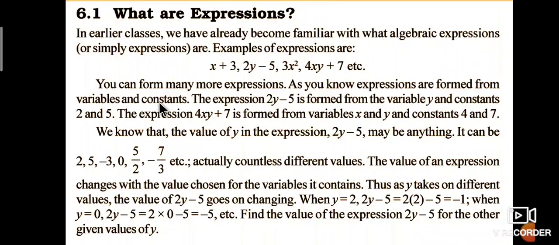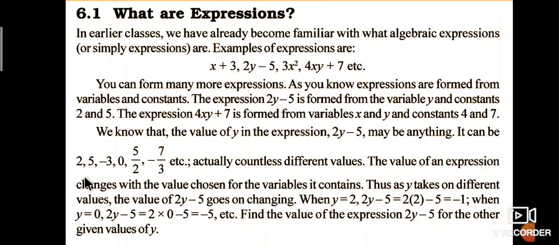The expression 2y minus 5 is formed by the variable y and the constants 2 and 5. The expression 4xy plus 7 is formed from variables x and y and constants 4 and 7. We know that the value of y in the expression 2y minus 5 may be anything.